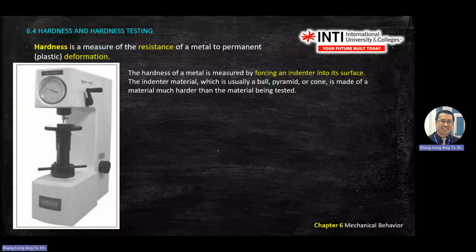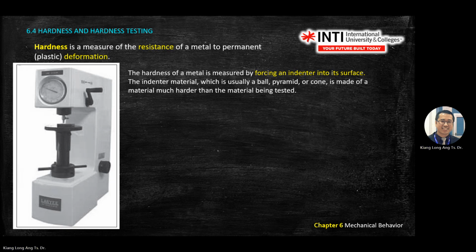Okay, you'll see this one in your coming lab session. It is hardness. How do you test the material hardness? By pressing the material surface. We call it indentation. So let's say you have two pieces of material, aluminium A and aluminium B, a second formula.